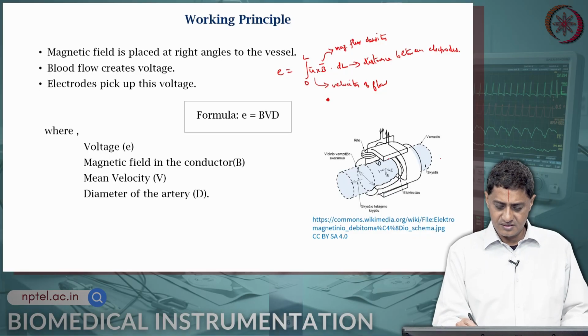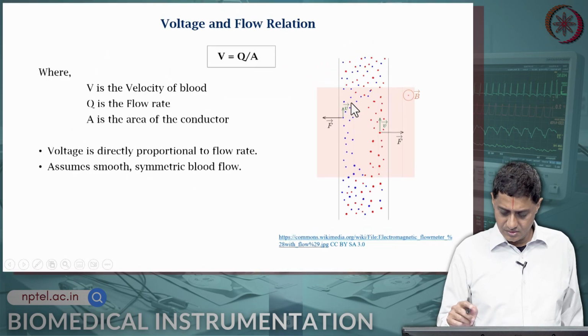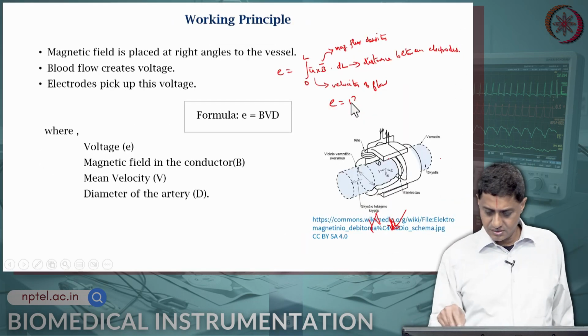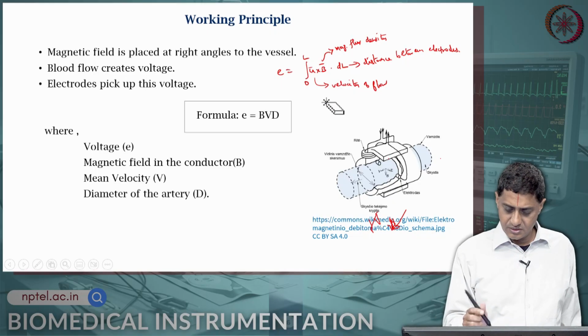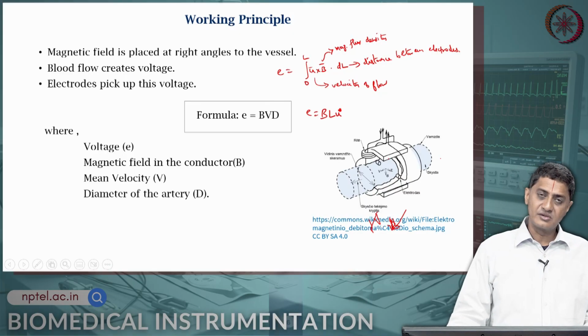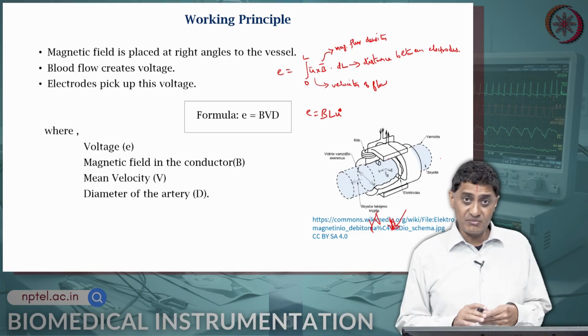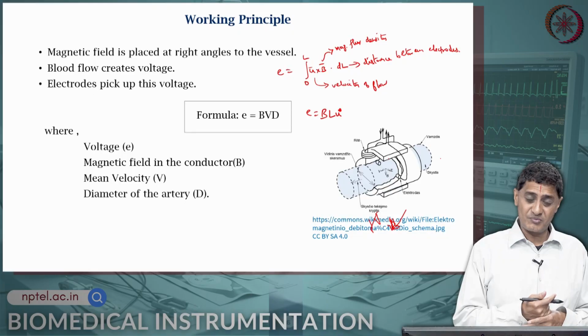If I simplify that, that would actually become E equal to BLU under some conditions. What are the conditions under which this will happen? When the magnetic field is uniform and when the flow is uniform.